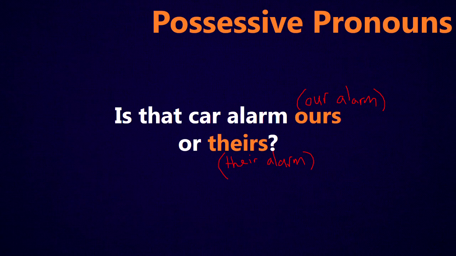So the sentence could be, is that car alarm our alarm or their alarm? But if we do that, it just seems like too many words, and it's kind of weird to say it that way. It's more work. By using the possessive pronouns instead, it becomes much easier to say, is that car alarm ours or theirs?